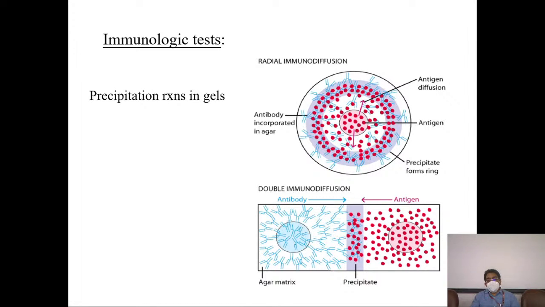In double immunodiffusion, one well has antibody and another well has antigen, they move towards each other, and the precipitation line will be formed where the optimal concentration is there. This is the only difference between radial and double immunodiffusion. Just for awareness, but these are not routinely used nowadays.